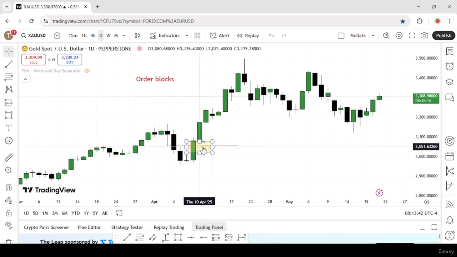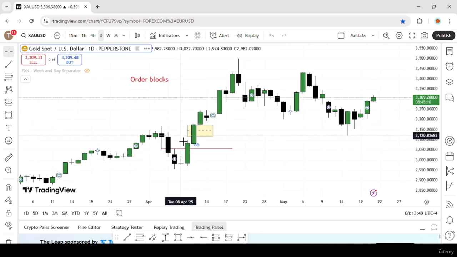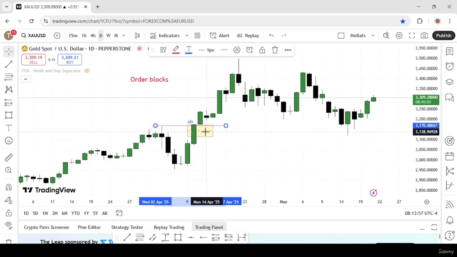As we continue moving higher and higher, new imbalances were created, confirming that these three consecutive candles, these bullish order blocks, are high probability order blocks.